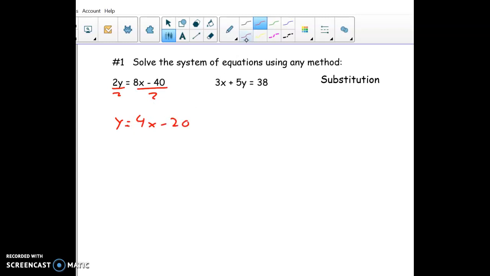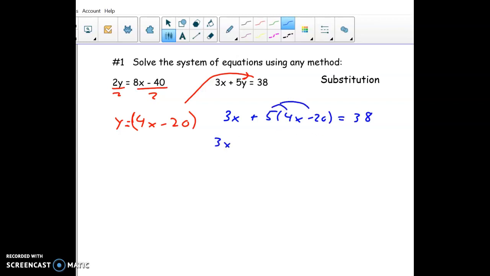And then we're kind of on our way, right? Because this quantity can now be substituted in for y into the equation over here. So we have 3x plus 5, and then replace y with 4x minus 20 equals 38. All right, so then we have 3x, distribute the 5 here.